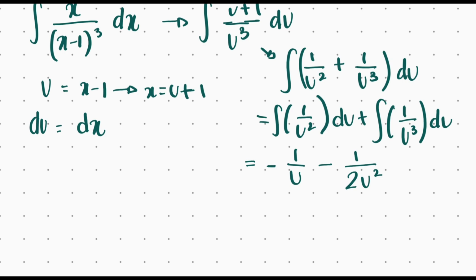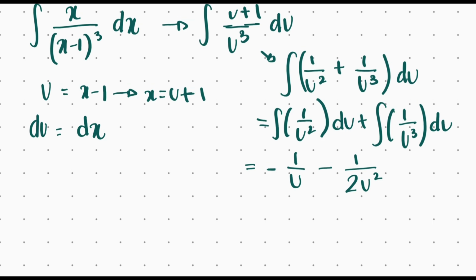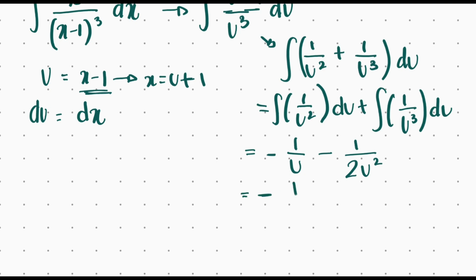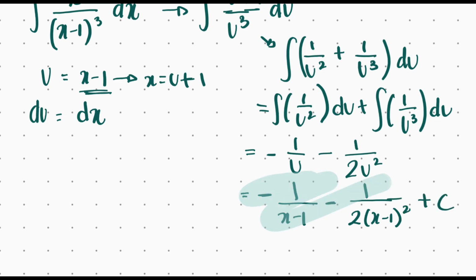And now we can simply replace u for our value, which is x minus 1. So we get minus 1 over x minus 1, minus 1 over 2 times x minus 1 squared, plus c. And that is our answer.